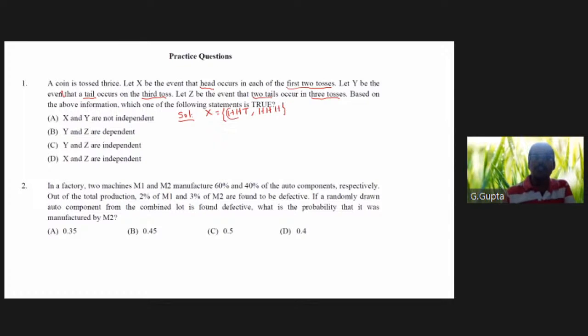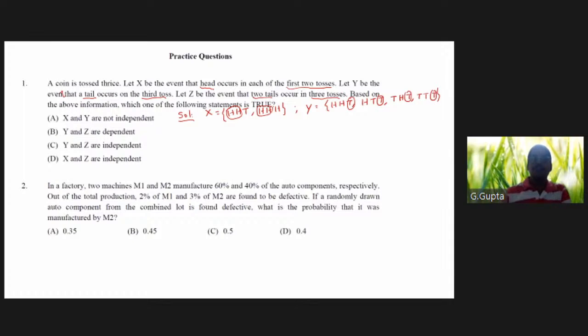So if the first 2 tosses are heads, automatically only the outcome HHT comes under event X. Tail occurs on the 3rd toss: H, H, T; H, T, T; T, H, T; T, T, T. So the 3rd toss tail is there or not.